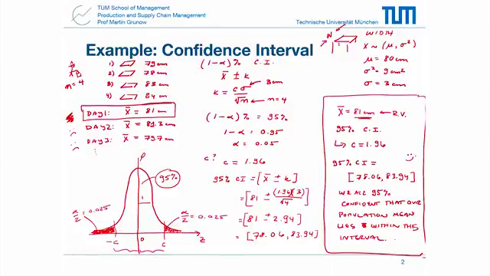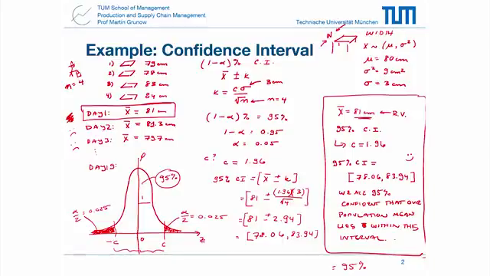But what else does this 95% confidence interval mean? It means that over 20 days, the customer can come in and we will construct a confidence interval around the mean, and on 19 out of 20 days, because 19 out of 20 is 95%, the true mean will lie in that interval.